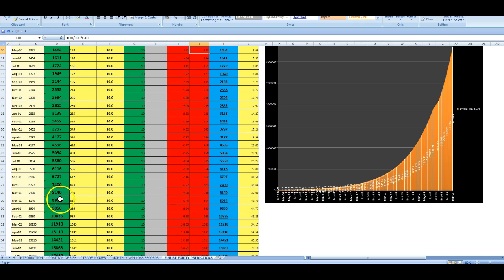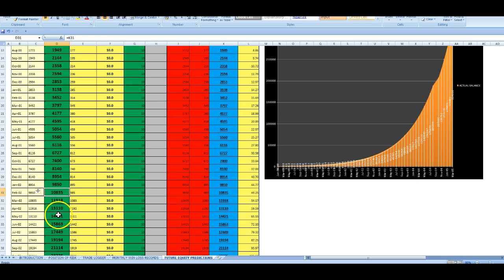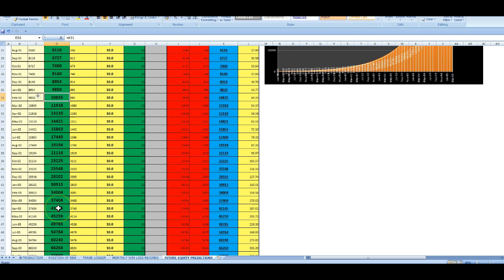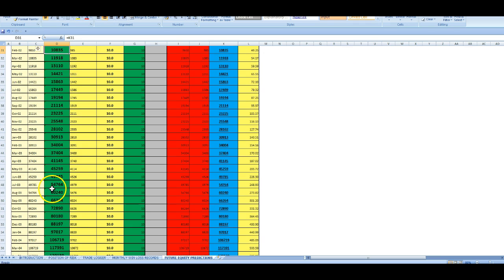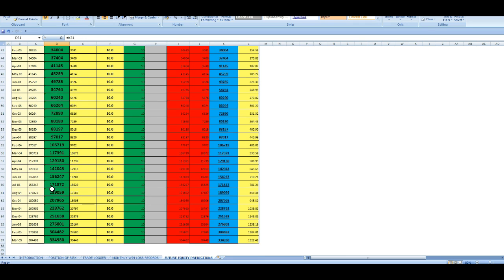So you get to a certain level, let's just say $10,000. Once you get $10,000, you take things back a little bit, and then once you progress through the field, you do the same again. But as you can see, through a 3-year basis, you can see how the profits in the month just compound dramatically.